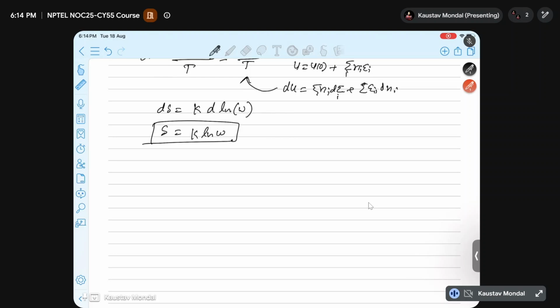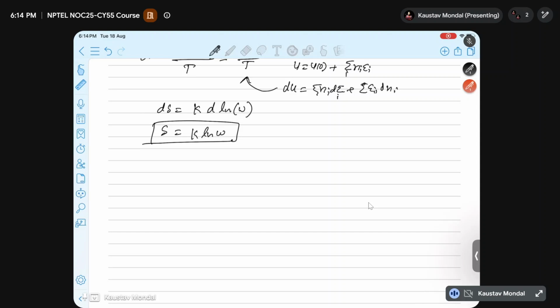But for a system, if you want to calculate the entropy by using this formula, you basically need the possible configurations of the system, W. So that is not very convenient all the time, right?